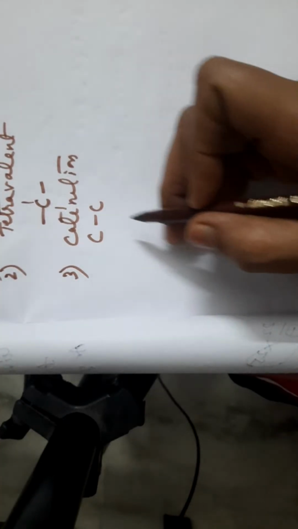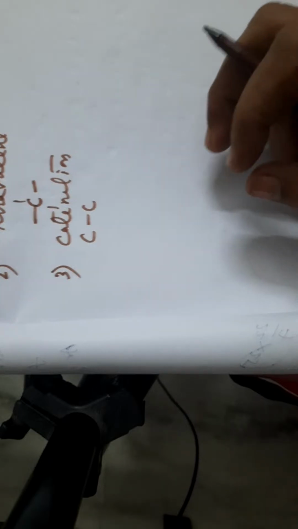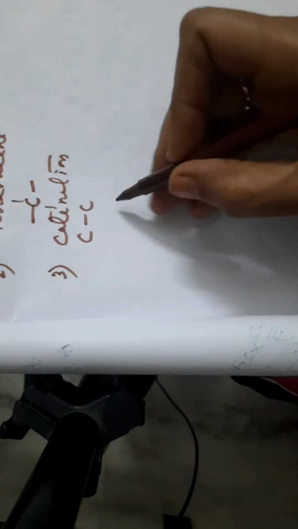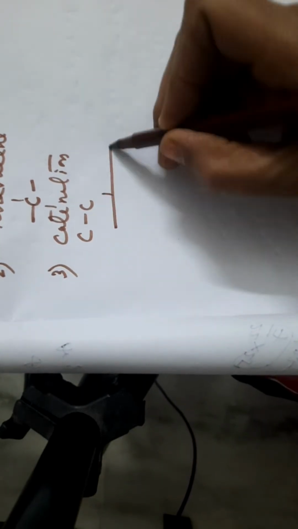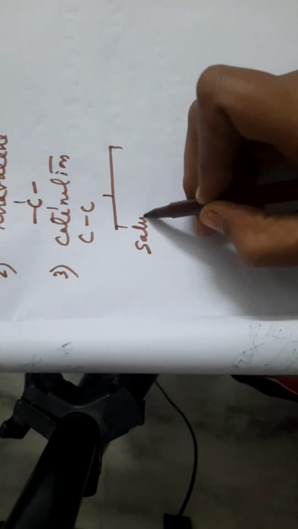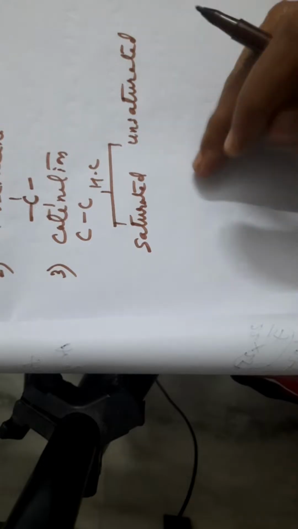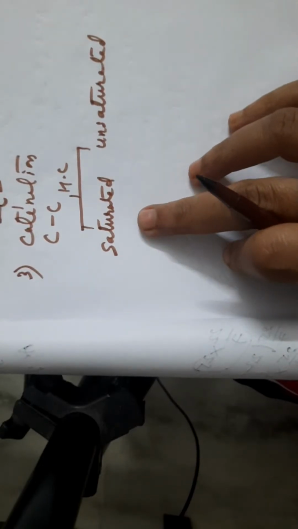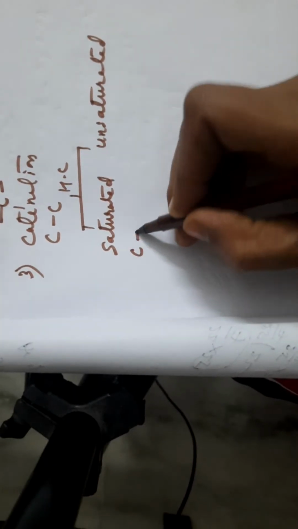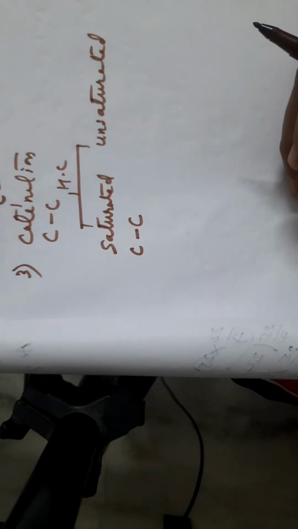Now coming to the second part of the chapter, we have hydrocarbons. They are of two types: saturated and unsaturated. So what are saturated hydrocarbons? Saturated means there is a single bond between carbon and carbon atoms.